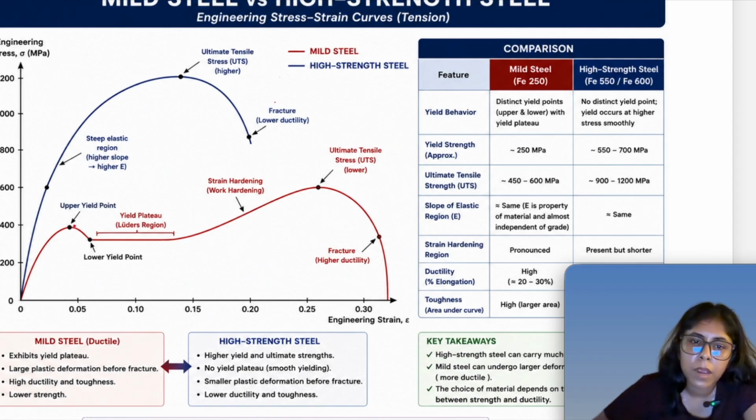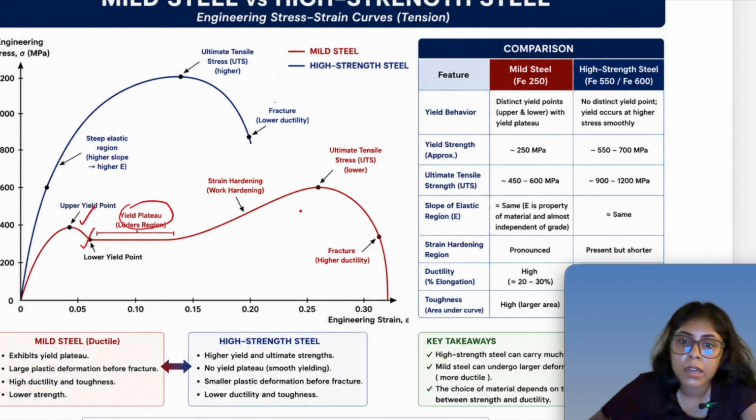For mild steel, you have an upper yield point, a lower yield point, and then a yield plateau. Then we have the strain hardening region, then the ultimate point, and then fracture. But in high strength steel, you will not see a proper yield point. A distinct yield point will not be visible here. You can see the ultimate stress and then fracture, but no yield point was visible when high strength steel was tested.